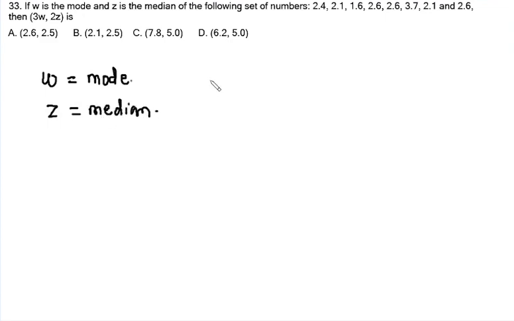Okay, so we need to get those values from these numbers. First of all, I would like to arrange the numbers in ascending order.